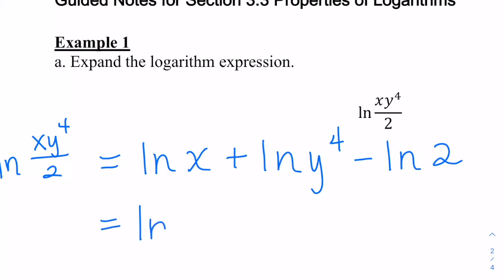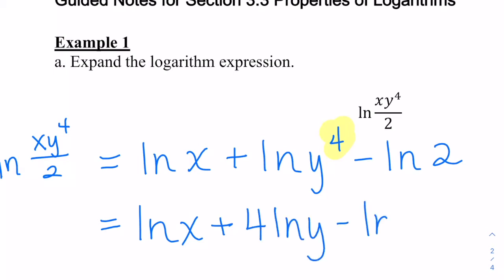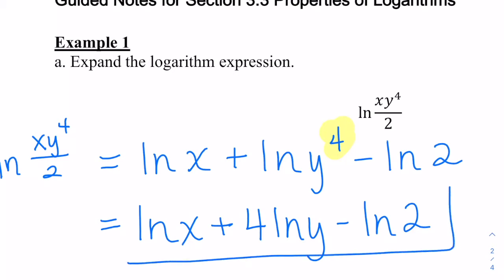So I'm going to simplify this just one more step because we have a power. So this 4 can expand and be a coefficient. So now we have the expansion natural log of x plus 4 times the natural log of y minus natural log of 2.